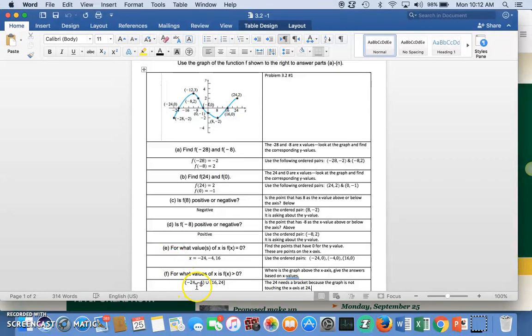So from negative 24 to negative 4, it is greater than 0. The last little part over here is the tricky part. It starts at 16, where it is 0, and it ends at 24. Since it is greater than 0 at 24, you have a bracket there. It is 0 at negative 24, negative 4, and 16, but your question is where is it greater than 0. So that's the reason for the bracket there.